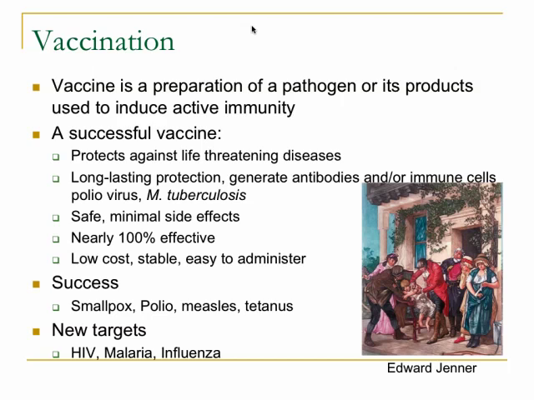And they give us a long-lasting protection. So it generates antibodies or memory B cells that can produce antibodies that would be specific for that virus or that bacteria. In order to be successful, it has to be safe. So we can't have a lot of side effects that would be more damaging than getting naturally infected with the pathogen.